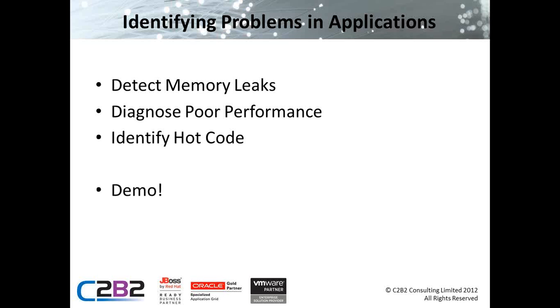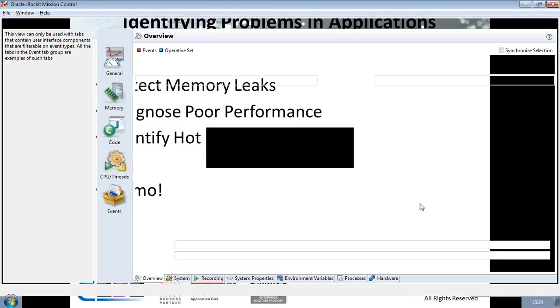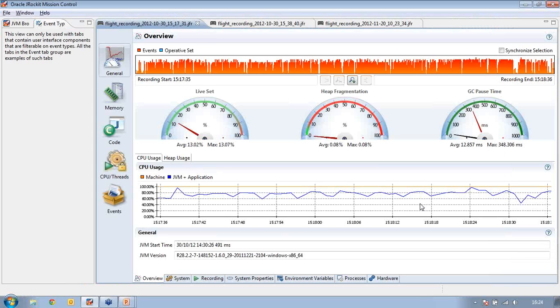So now it's demo time. What I'll do is I'll just switch over to my JRockit Mission Control. This is the main dashboard as you would open a flight recording. I've got 3 open here, and I'm just going to take you through a little look at how you would potentially diagnose a problem.